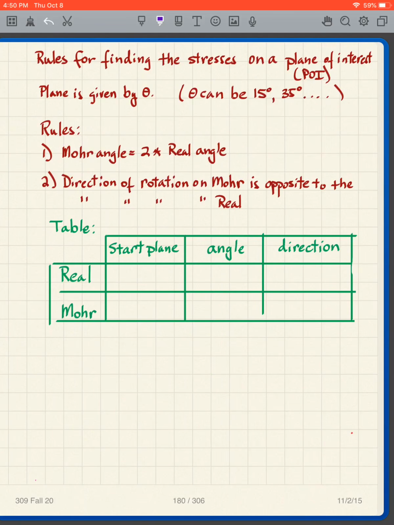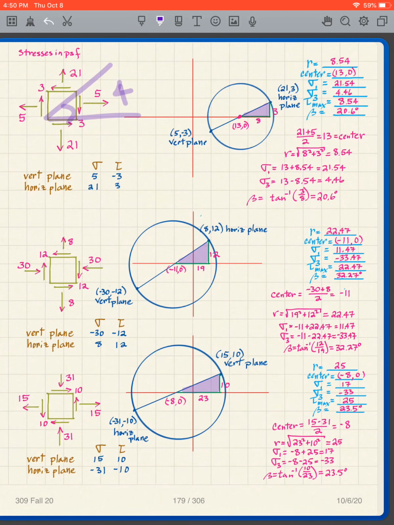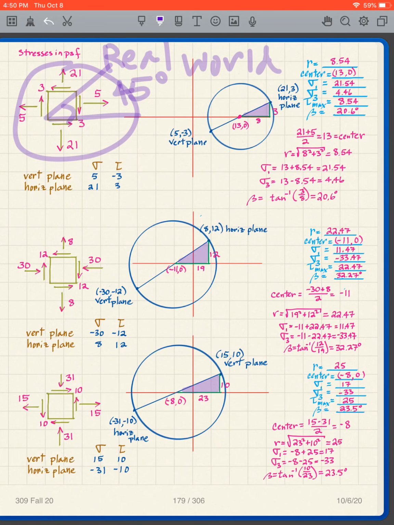What do I mean by that? In other words, if my angle to the plane of interest is 45 degrees, I'm calling this the real world. This is the Mohr world.